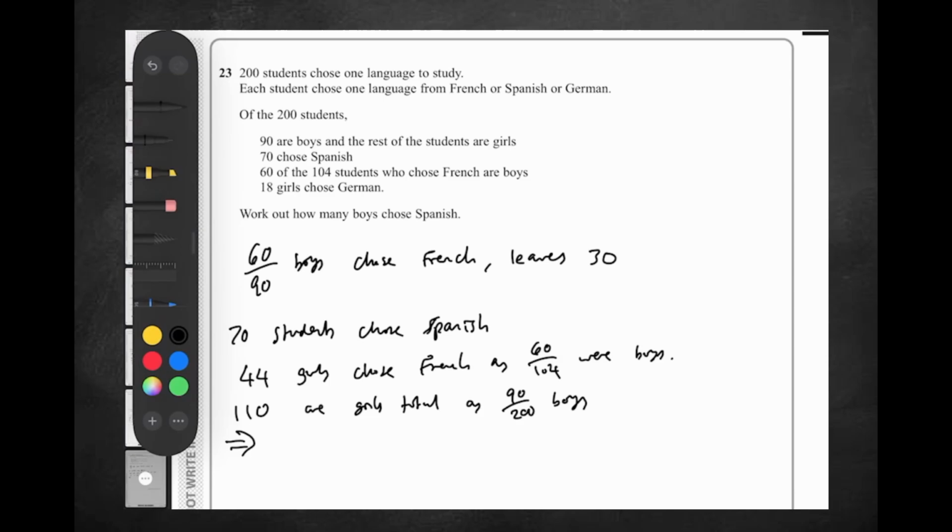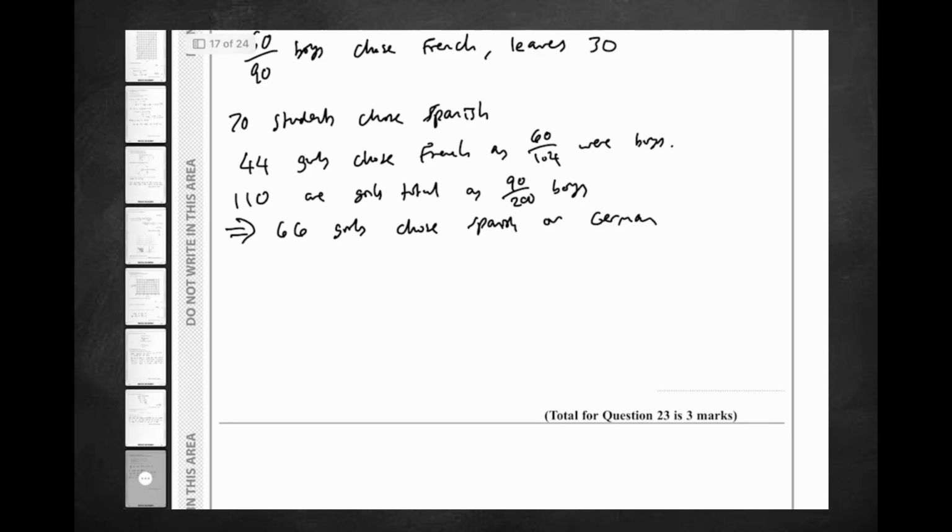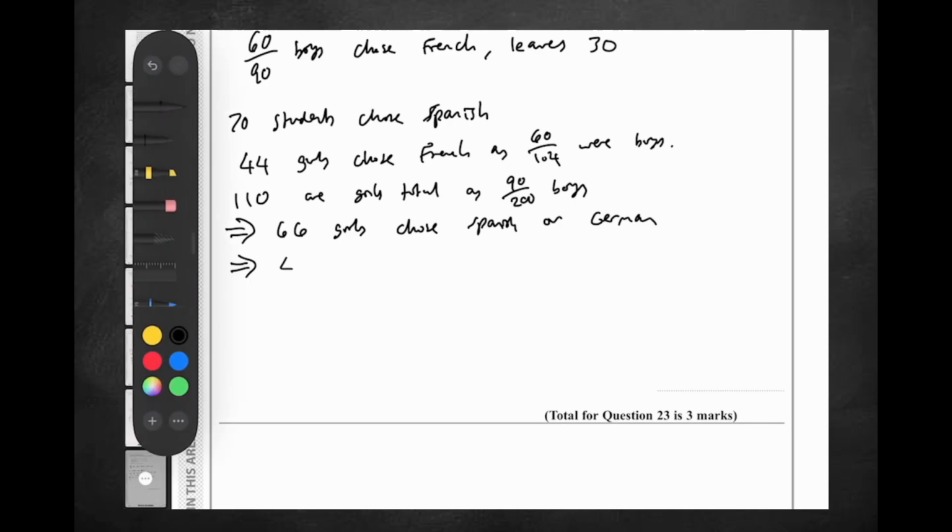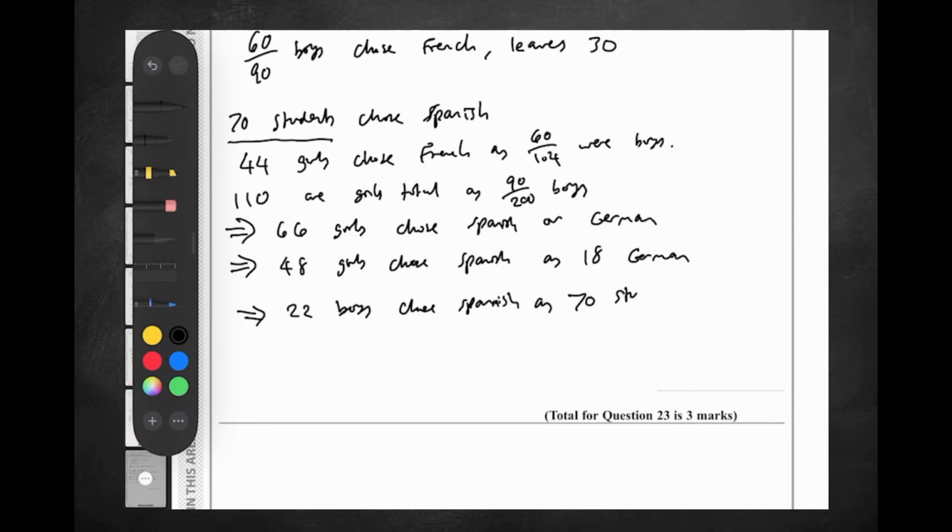Therefore, if we do 110 minus 44, we know 66 girls chose Spanish or German, but we know that 18 chose German, so 48 girls chose Spanish, as 18 German, and we are told 70 students chose Spanish, therefore 22 boys chose Spanish, as 70 students chose. So the answer is 22.